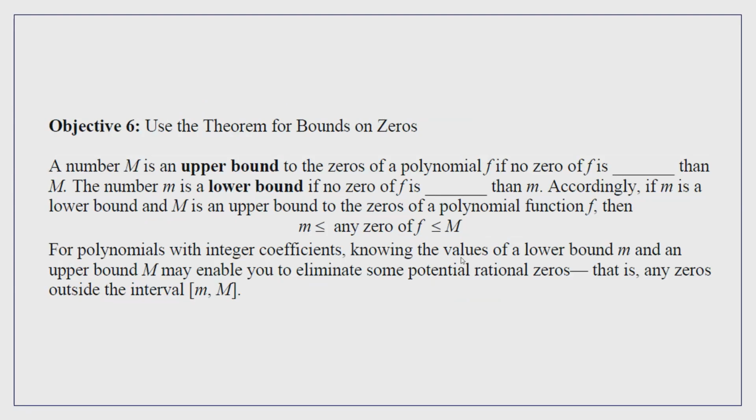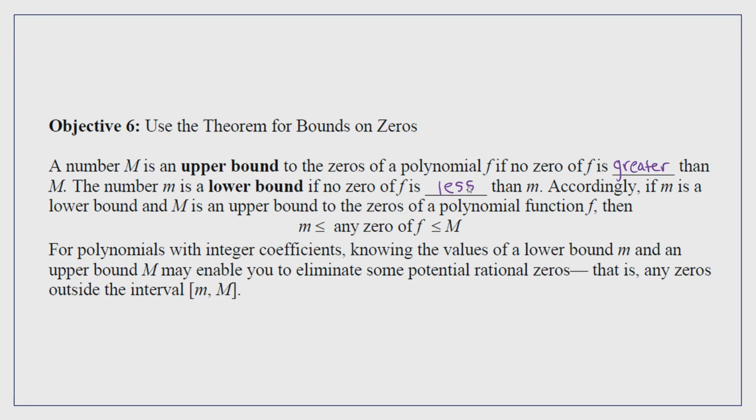Objective 6, use the theorem for bounds on zeros. So a number capital M is an upper bound to the zeros of a polynomial f if no zero of f is greater than capital M. The number lowercase m is a lower bound if no zero of f is less than lowercase m.